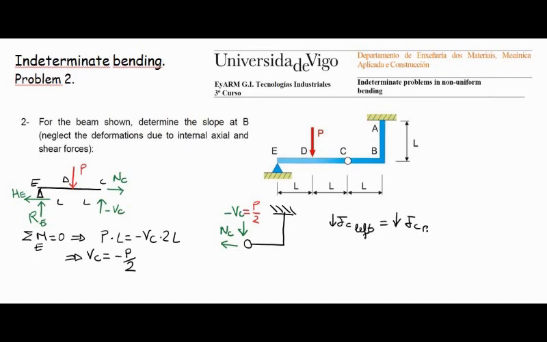But this equation is not valid because the left part can rotate around cross-section E. Then what we can write is that the horizontal deflection of C on the left and on the right side has the same value.